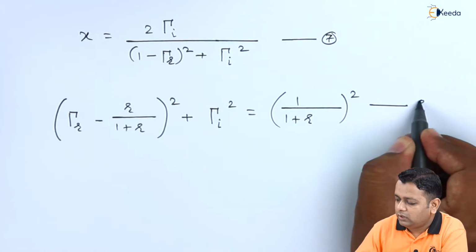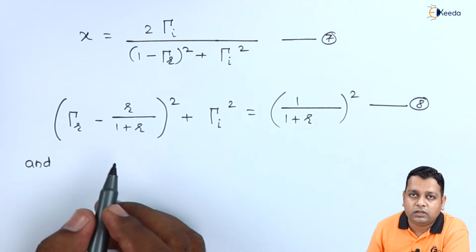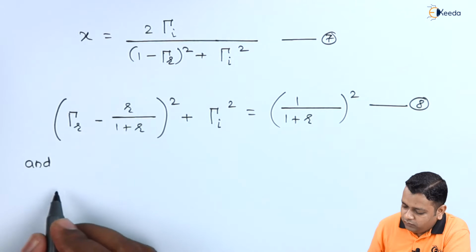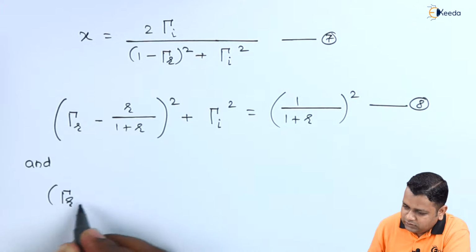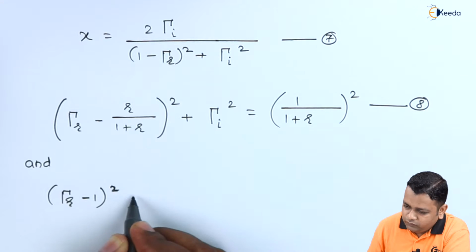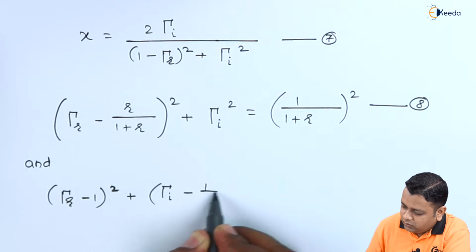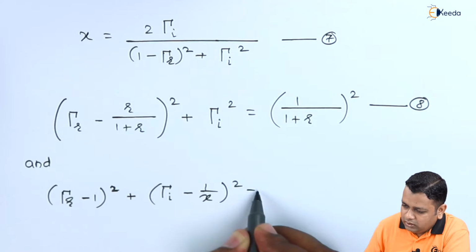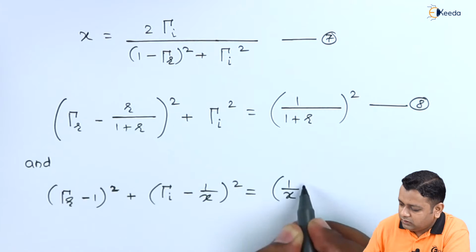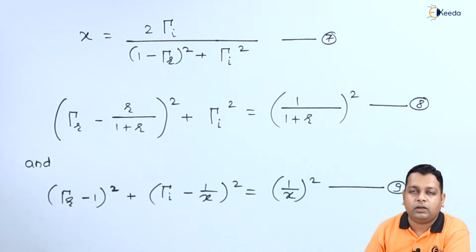Let it be equation number 8. A further rearrangement gives gamma suffix r minus 1, bracket squared, added with gamma suffix I minus 1 by x, bracket squared, equal to 1 by x, bracket squared. Let it be equation number 9.